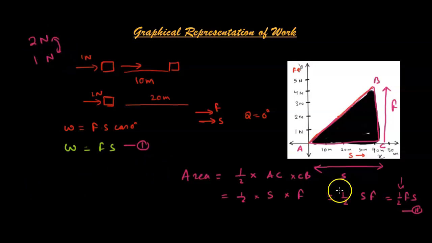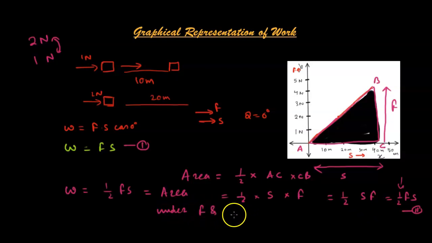So instead of doing like this, we can write work is equal to half Fs. Or we can say it is the area under the force and displacement graph. Area under the force and displacement graph.